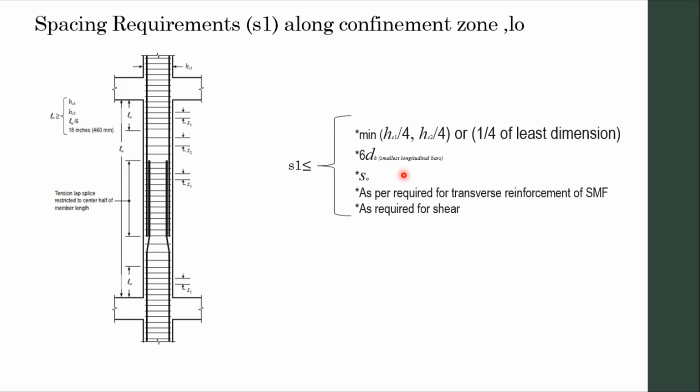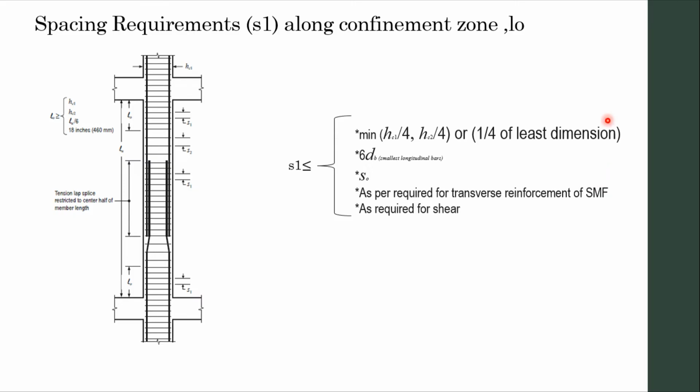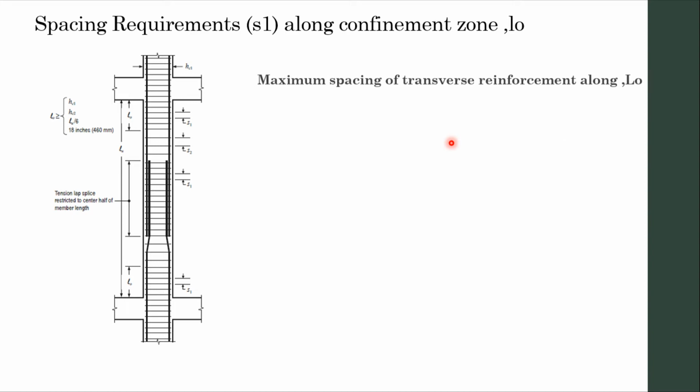Then, yung SO, mamaya pag-aralan natin yan, take note na term na S sub O, or S naught, as per required for transverse reinforcement of special moment frame and as required for shear. So maximum spacing of transverse reinforcement along LO. Yung maximum spacing na yan, ito yung first three, the maximum spacing of transverse reinforcement along the confinement tie zone.